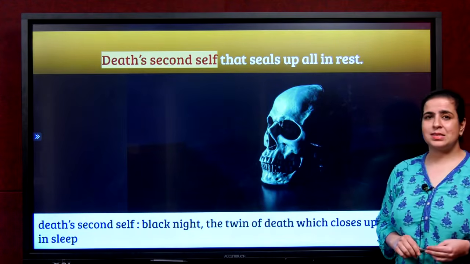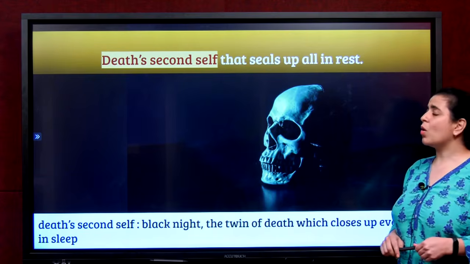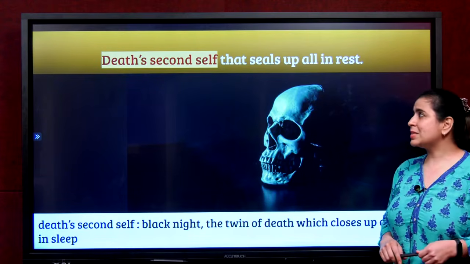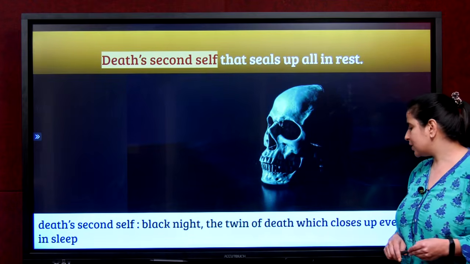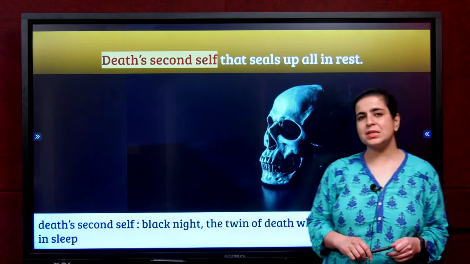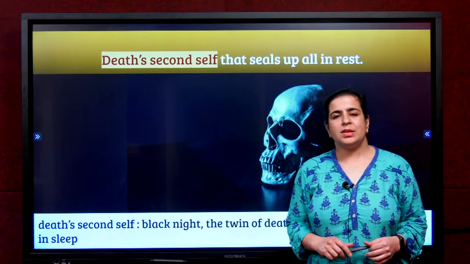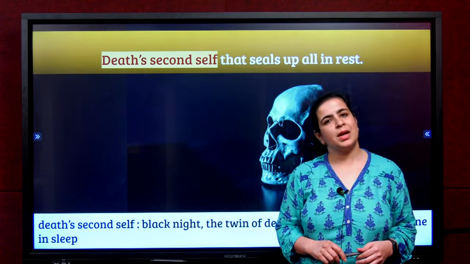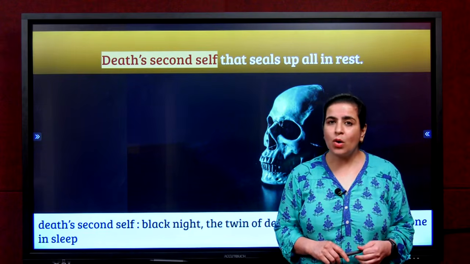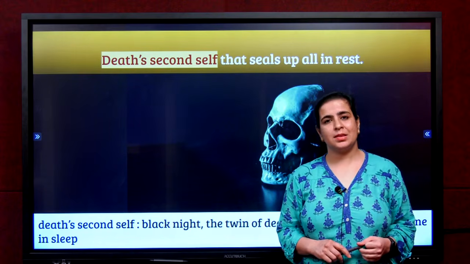Death's second self that seals up all in rest. Now what is death's second self? It is the black night, the twin of death, which closes up everyone in sleep. There are two things here. One thing is the end of the day. What happens? You go back home and you sleep. It's the end of your day. But in death, what happens?